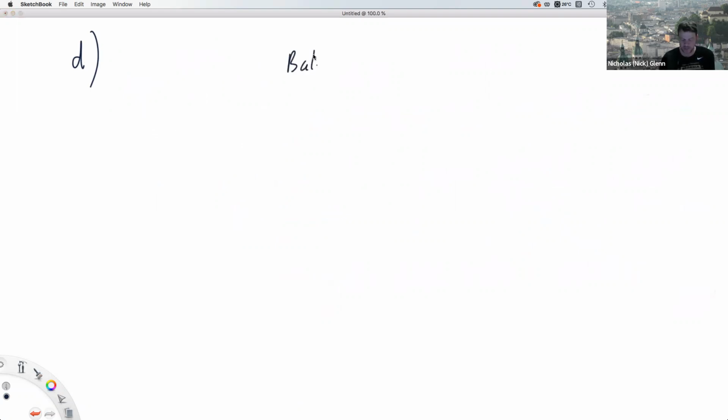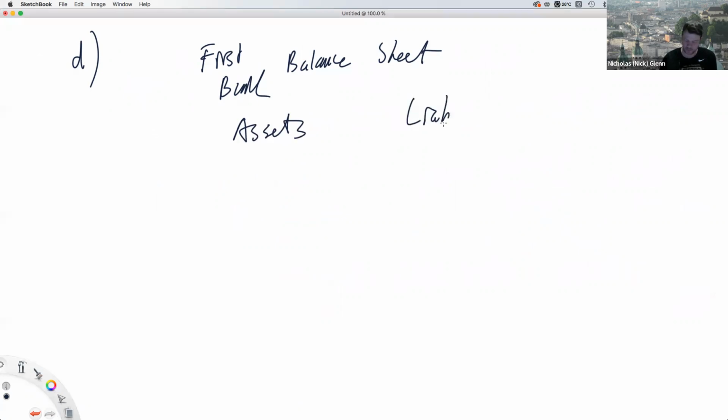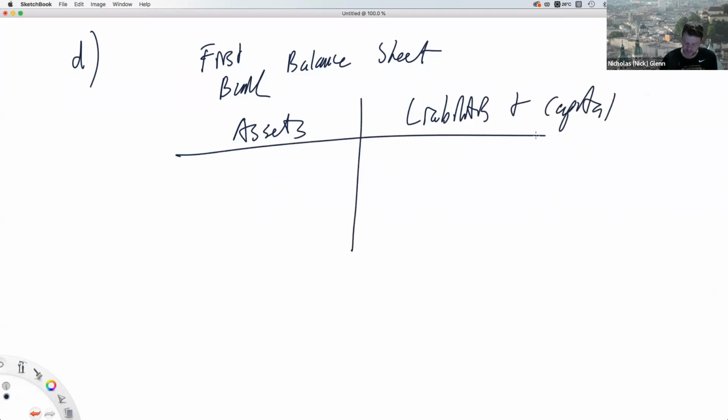So now we've got another balance sheet for First Bank. And now we're going to have the bank holding capital. And they're not just making loans, they're also making investments as well.